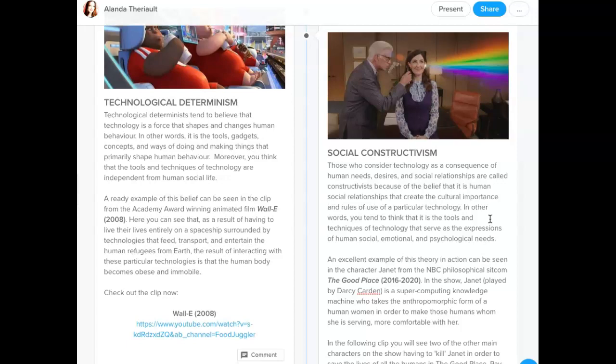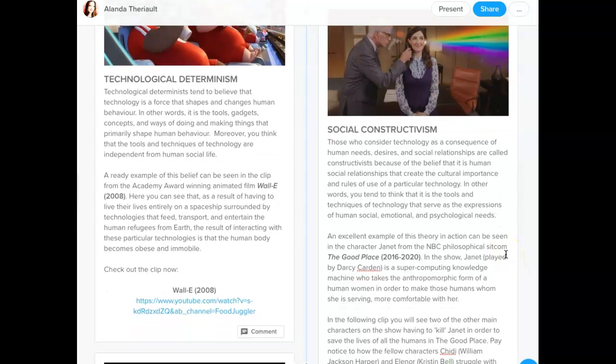One of the main characters is Janet. Janet is not a human. Janet appears as a human being in the good place in order to make the humans who are there more comfortable. She is a supercomputer and all-knowing knowledge machine, and she's merely taking the anthropomorphic form of a human woman as she helps and serves all of the people in the good place.